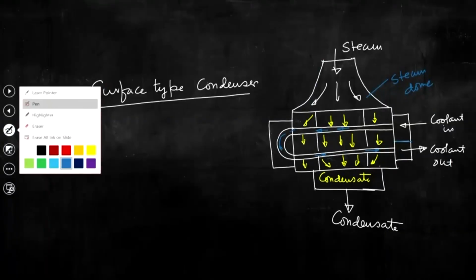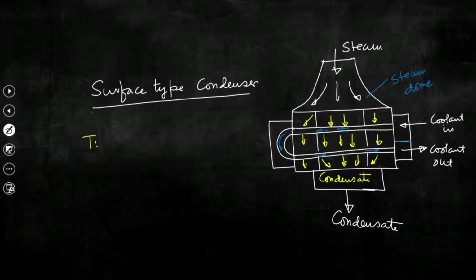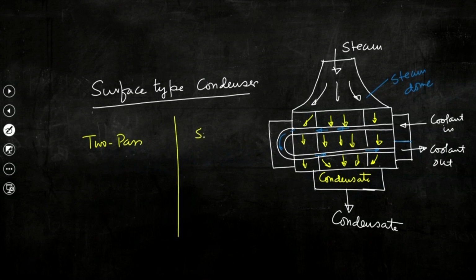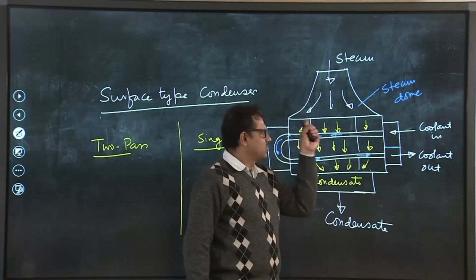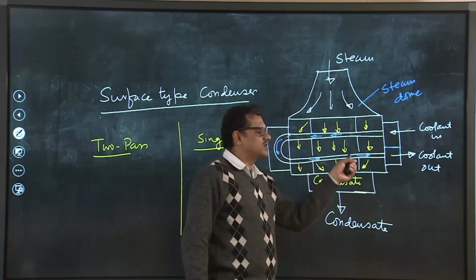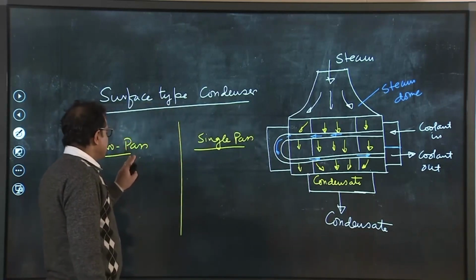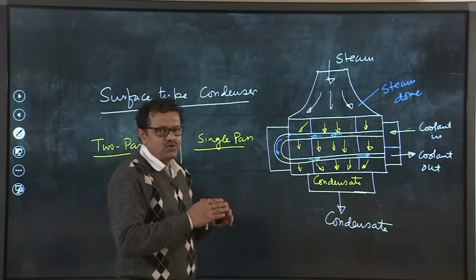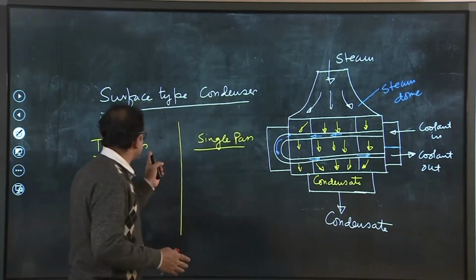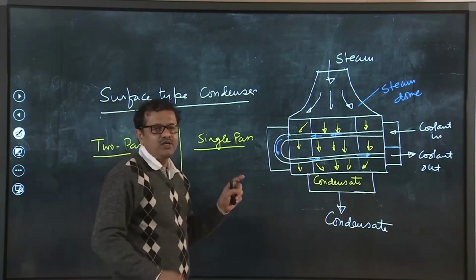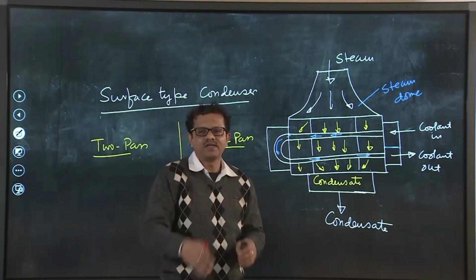So, if we now write 2 pass, that is what we can see vis-a-vis single pass. As I said, for the single pass, coolant will come in and go out; coolant will not be directed into the condenser again using this bend tube. So, if we are trying to compare the performance of a 2 pass condenser vis-a-vis a single pass condenser, we need to have a common basis.